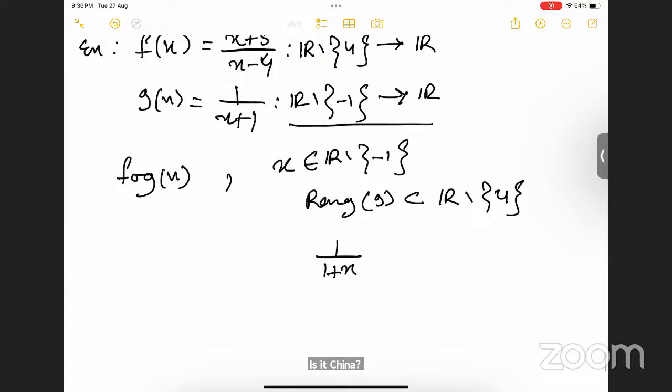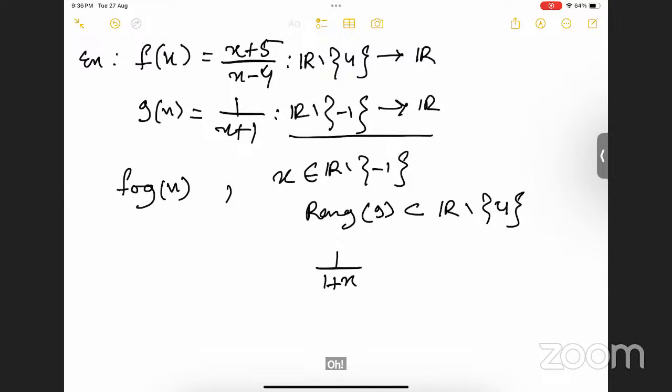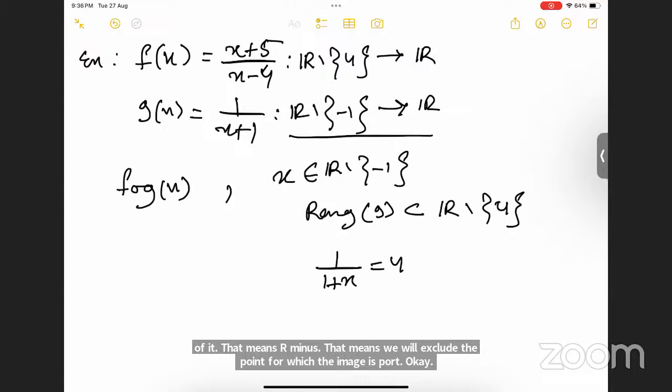So we need to adjust the domain in such a way that the range of g becomes a subset of the domain of f, that means R minus 4. That means we will exclude the point for which the image is 4. Suppose for some x, the image of g is 4.